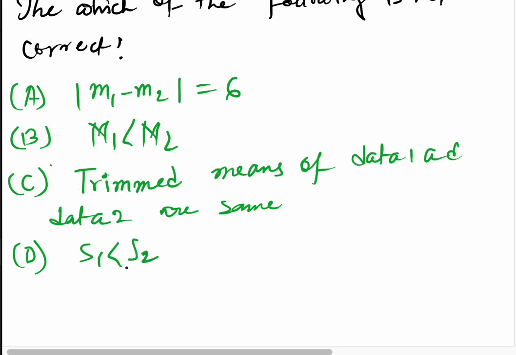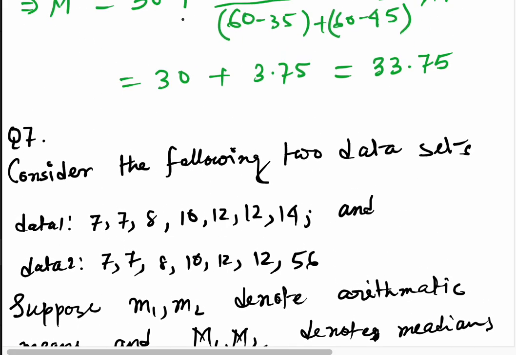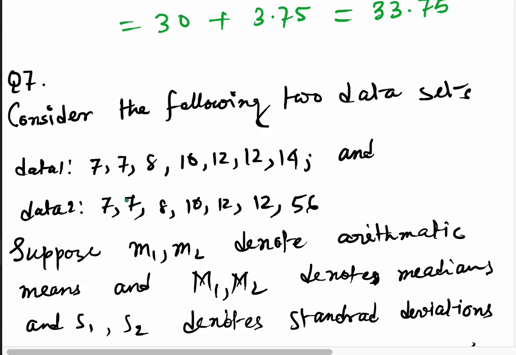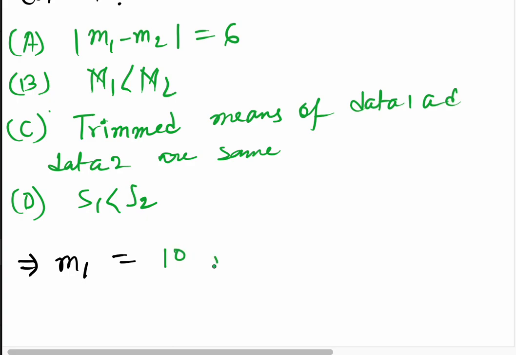Let's see it. So the sample mean m1: 7 plus 7 is 14, plus 8 is 22, 32, 44, 56, 70, divided by 7, so that is 10. So sample mean is 10.